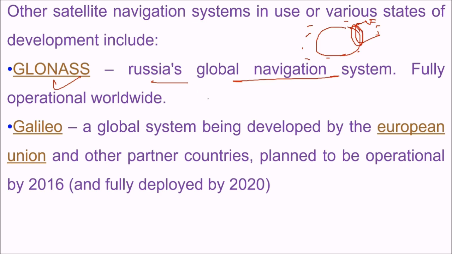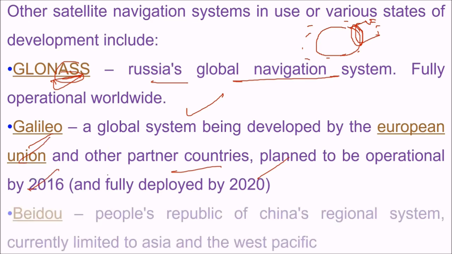GLONASS is fully operational worldwide, like the GPS which we have talked about at greater length. Galileo is the global system being developed by the European Union and other partner countries. It is operational right now, in 2016, and will be fully deployed by 2020.